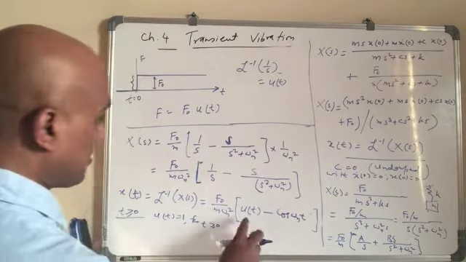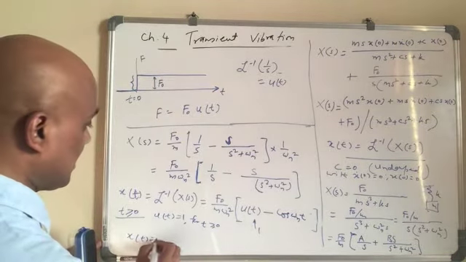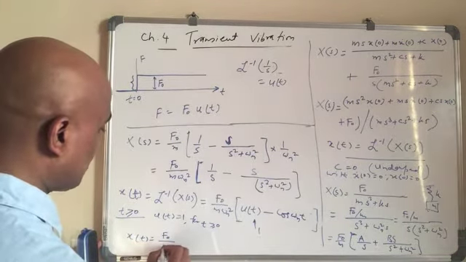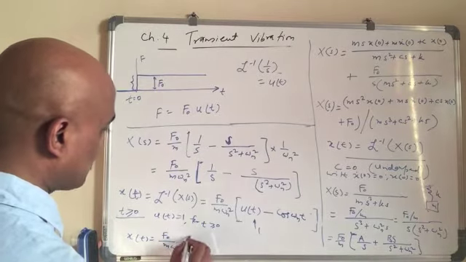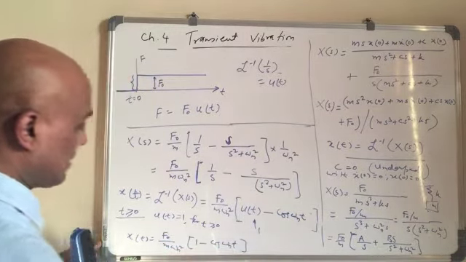So we can write 1 basically. So we get x(t) is equal to F naught over m omega n squared, times 1 minus cos omega n t.